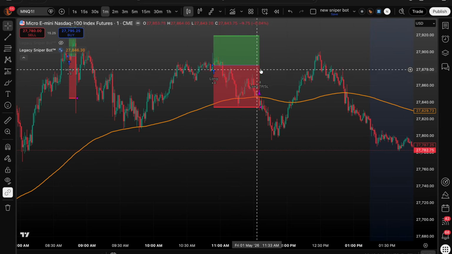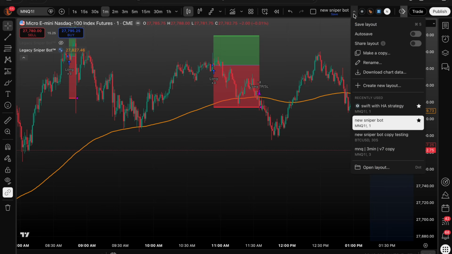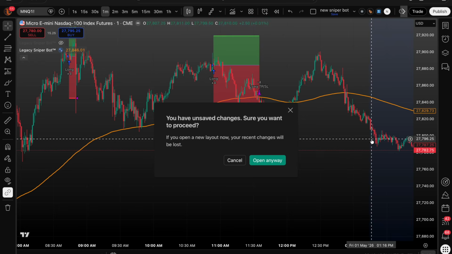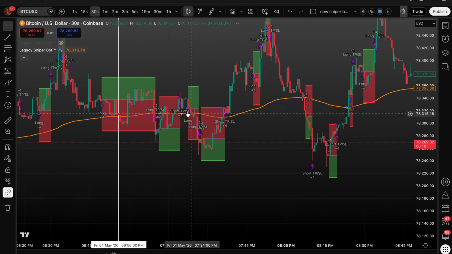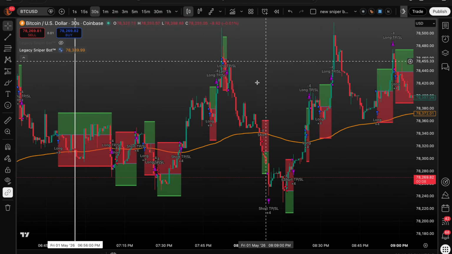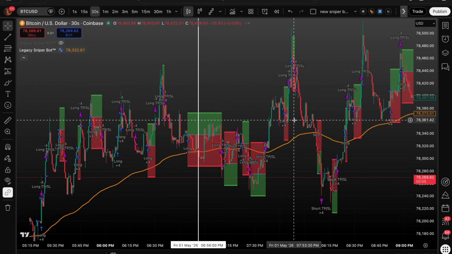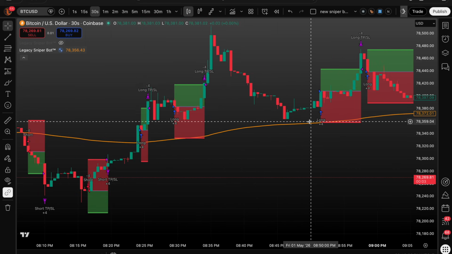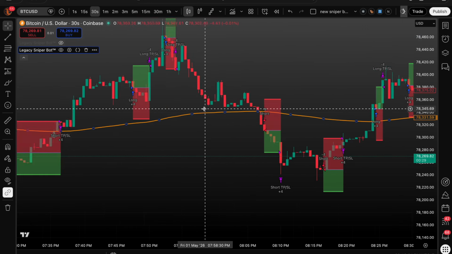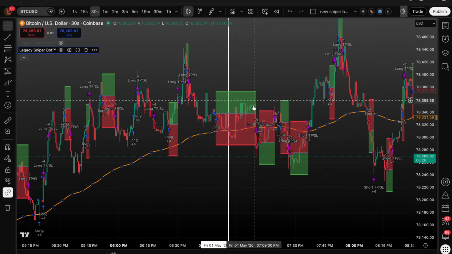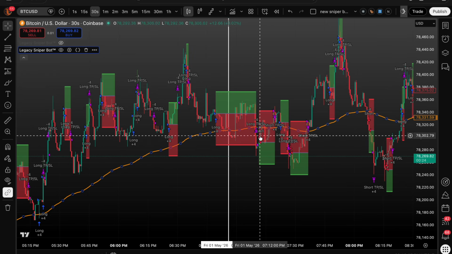Hopefully I got that fixed, because I was testing it today after the market close on the crypto market. Since the crypto market is 24/7, I was checking the signals out, and it's been working correctly. All of these trades starting from this vertical line, I got the signal and the alert with it.